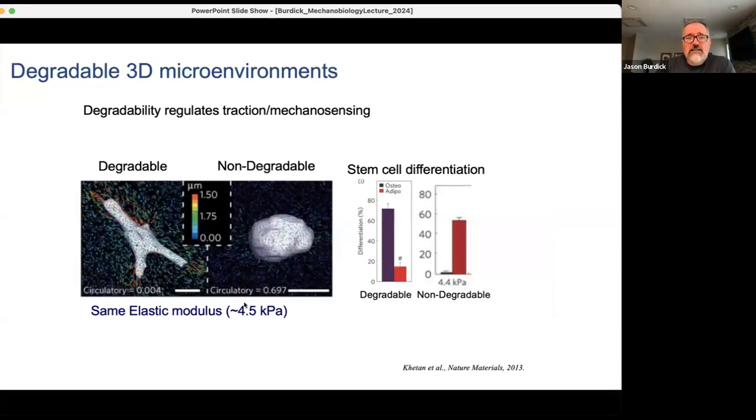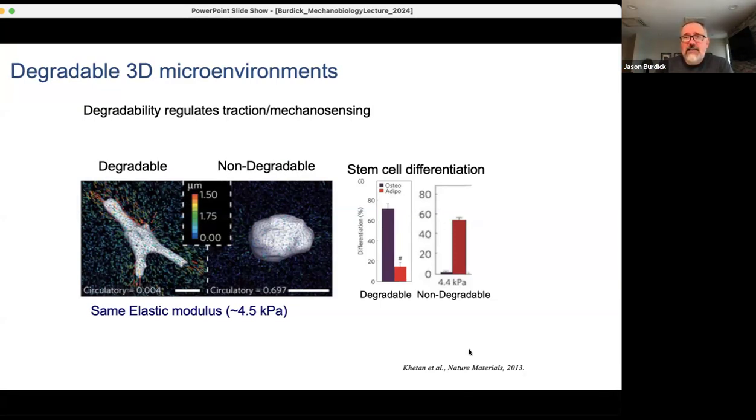So we've used this. This is an example from a paper where we looked at degradation of a material. If a cell can degrade the material, it spreads a lot more into it, whereas if it cannot degrade it, it just retains this rounded structure. And we showed that if they degrade it, they can then pull more on that material, which makes sense because they're spreading into it.